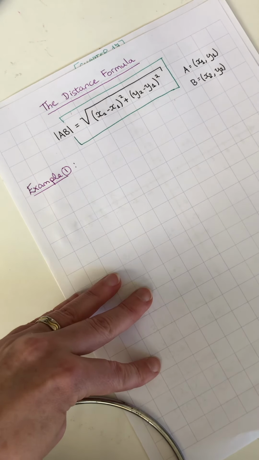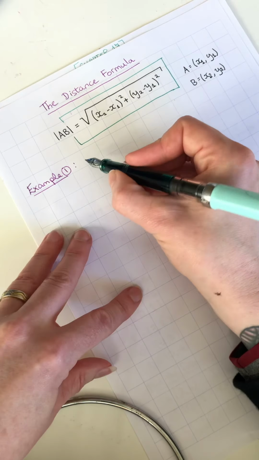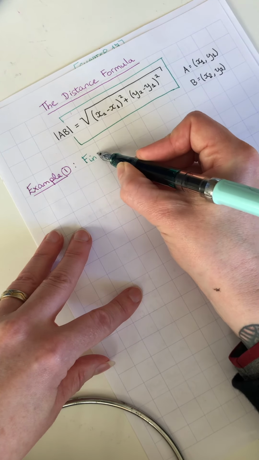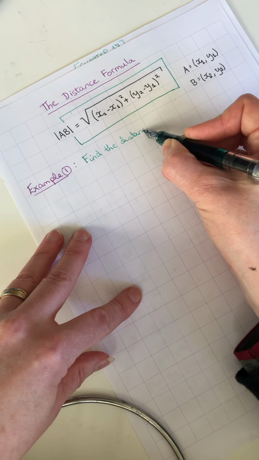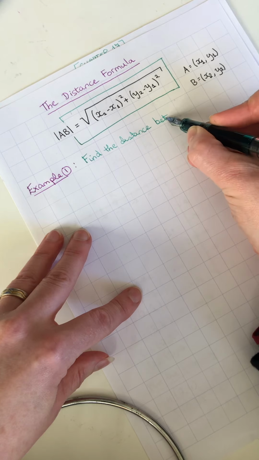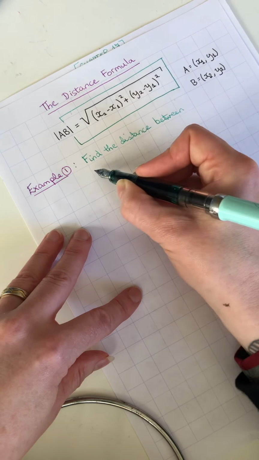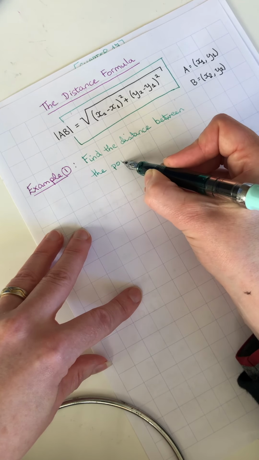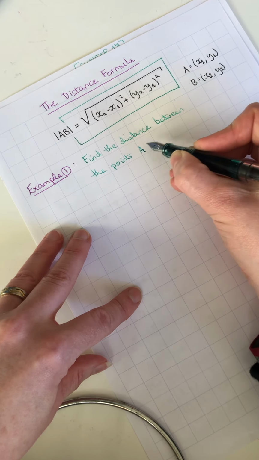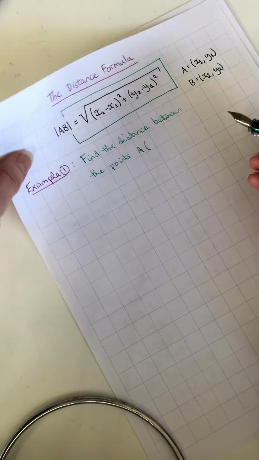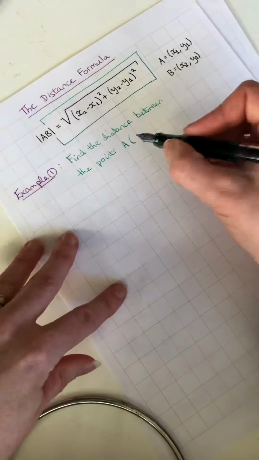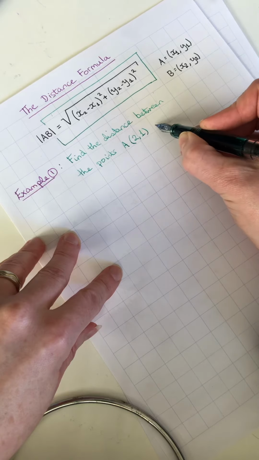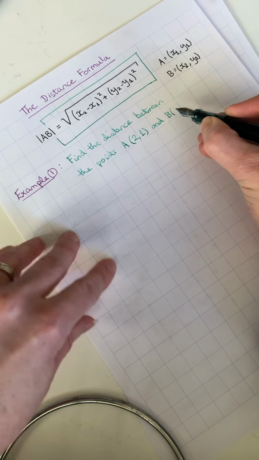So for my first example, we're going to say, find the distance between the points A, and I'm going to use the A that we had here, A, which is (2, 1), and B, which is (3, 4).